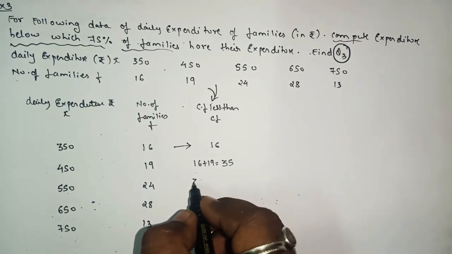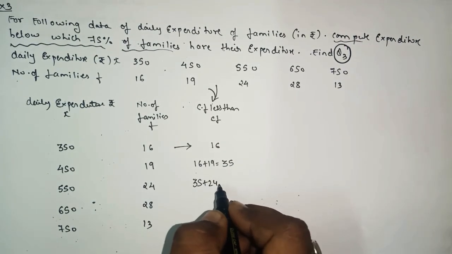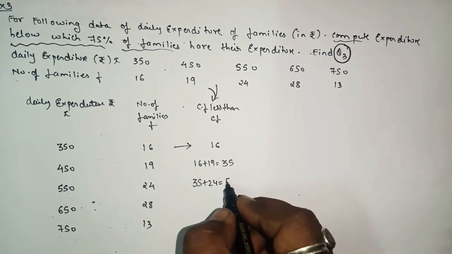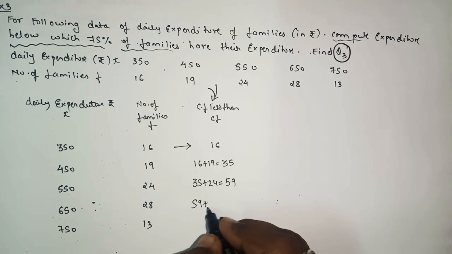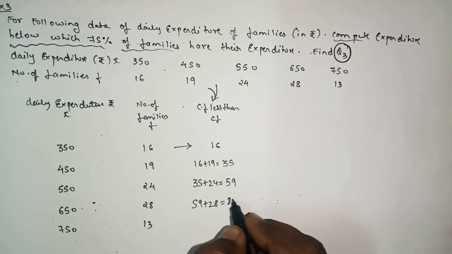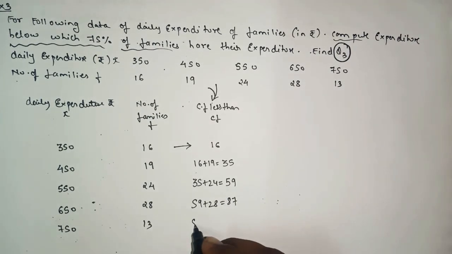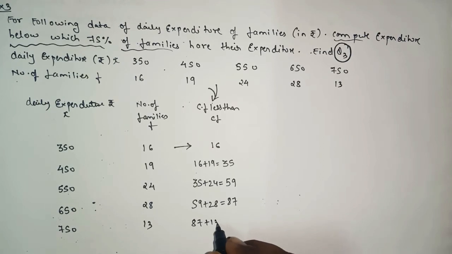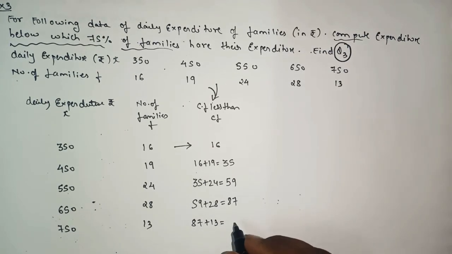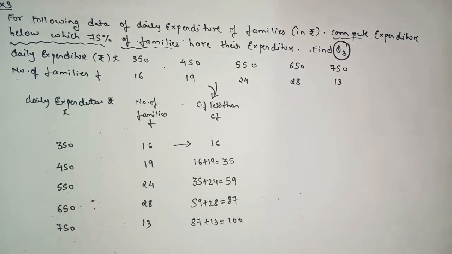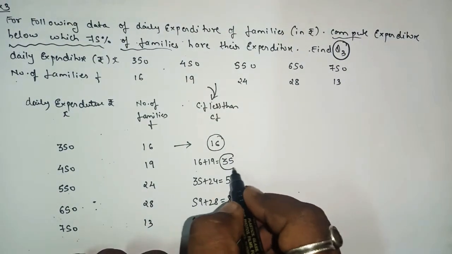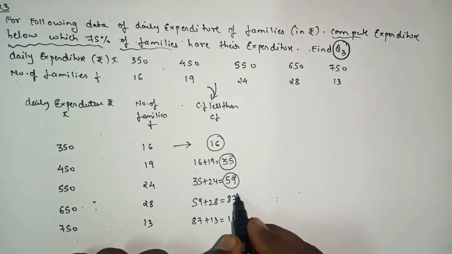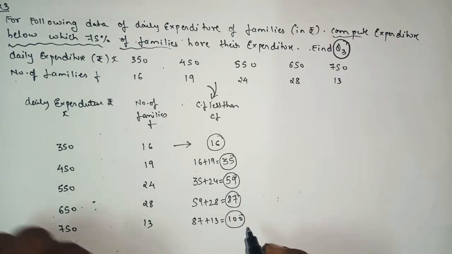Then 35 plus 24, you will get 59. Then go on adding, 59 plus 28, 87. Then 87 plus 13 is what? 100. So here we got the answer. For the first one is 16, then 35, then 59, 87 and then 100.